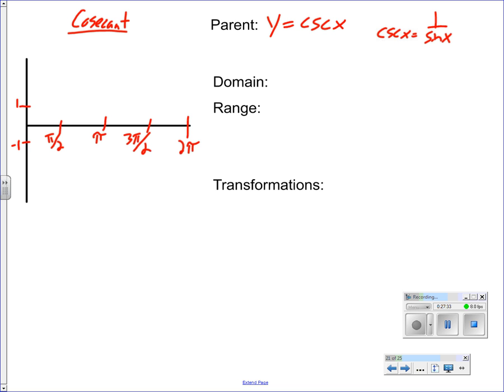So our sine function would go 0, max, 0, min, 0. So same idea for our cosecant function. Anywhere sine is 0, we're going to have an asymptote.